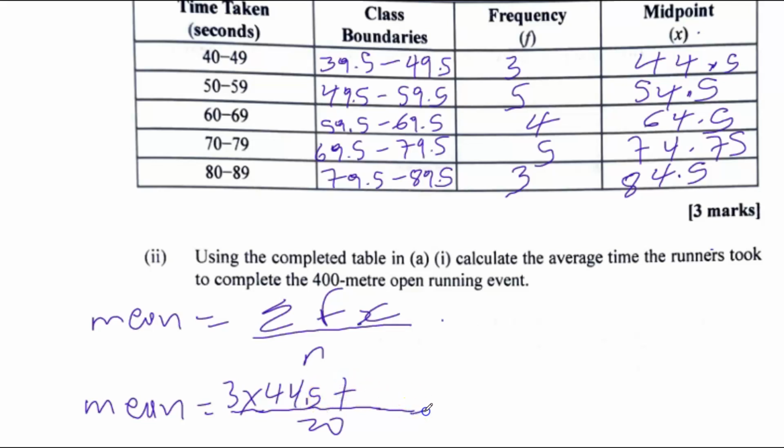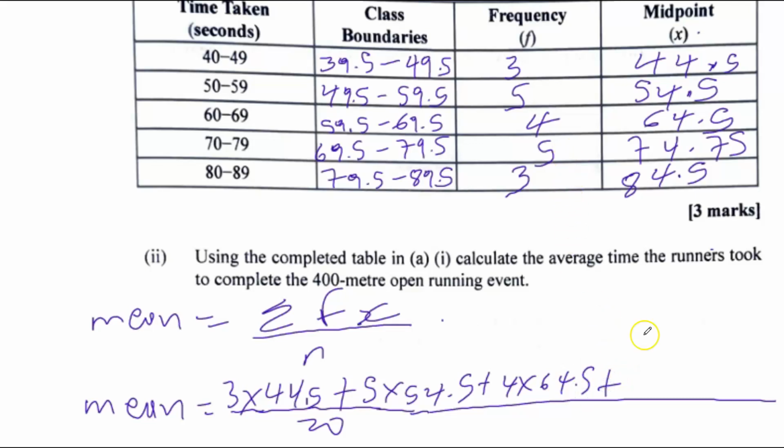Plus the second row, frequency 5, x is 54.5. Next row, frequency is 4, plus 4 times 64.5.